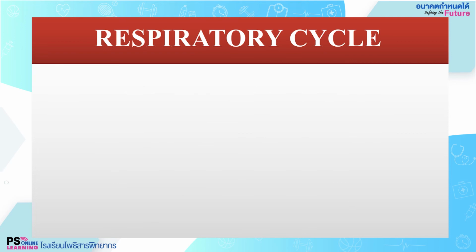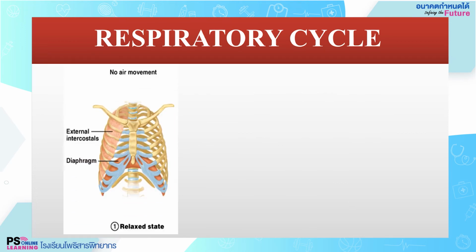Now, let's move on to the respiratory cycle. This is the relaxed state of the external intercostals and the diaphragm. The intercostals are the muscles that run between the ribs and help form and move the chest wall.